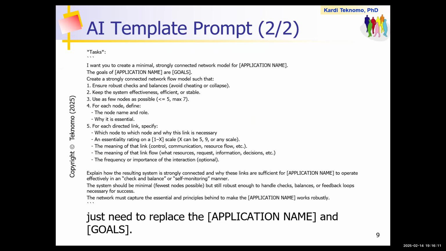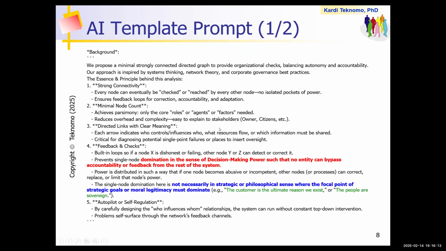2 pages, if you want to create the actual things, all you need to do is just copy and paste this template. You read carefully so that you will know what it is. You want to propose a minimal, strongly connected directed graph or network to provide organizational check, balance, autonomy, and accountability.